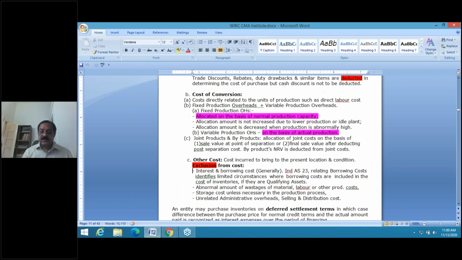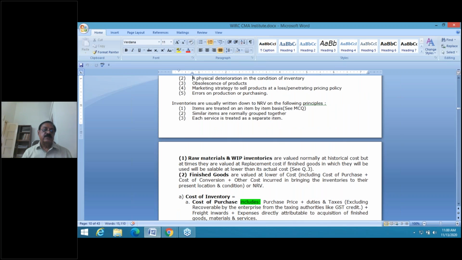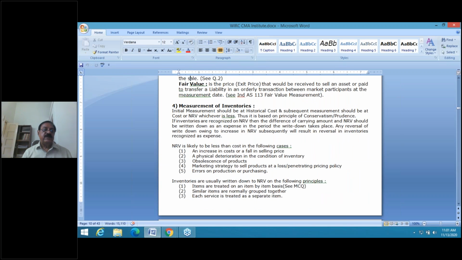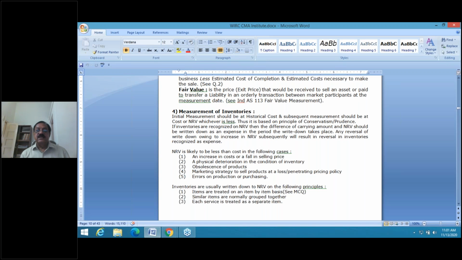And this is the definition of NRV also, friends. Fair value, as I said earlier, is to be taken as per Ind AS 113. What Ind AS 113 says is that fair value is the price. Which price? Prices are of two types: purchase price and sale price.